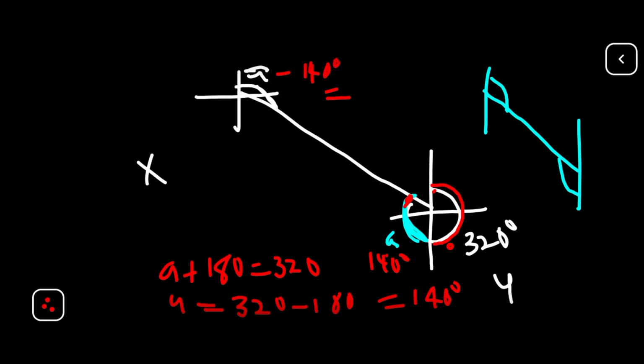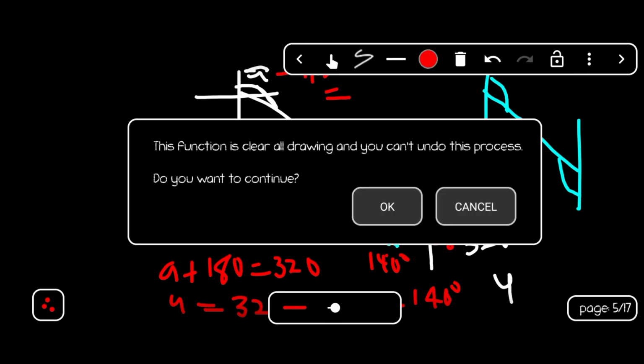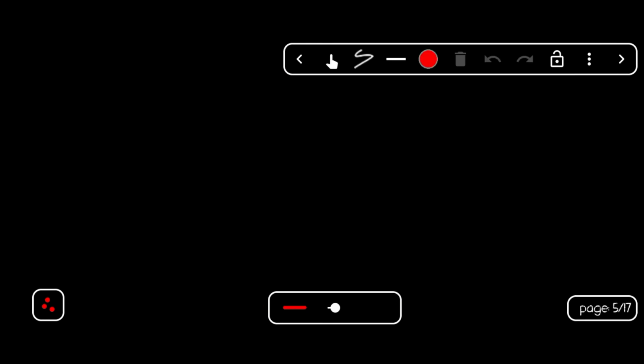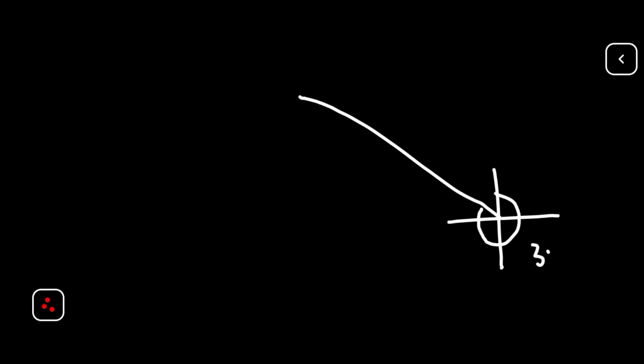You understand that what we're looking for is the angle, the bearing from x to y. So we are able to get the bearing of x from the 320 degrees here. So we're able to get this bearing of x.